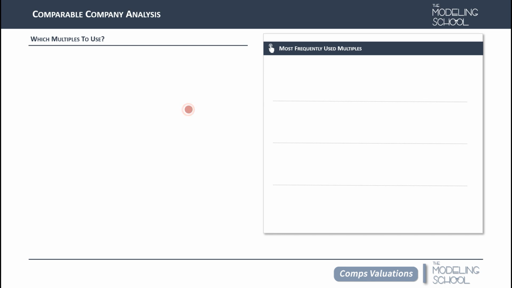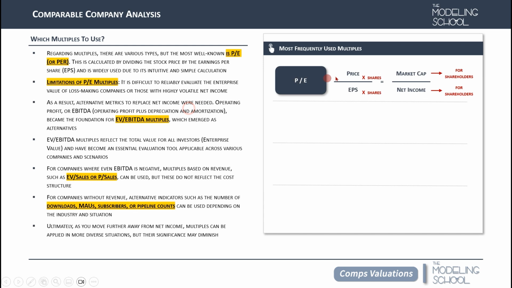And this is calculated by dividing the stock price by earnings per share. So dividing stock price by EPS, or if we multiply the stock price by the number of shares, it gets us to market cap divided by net income.